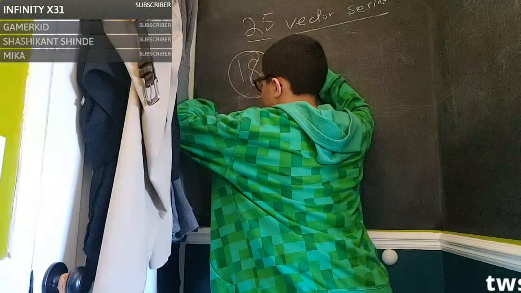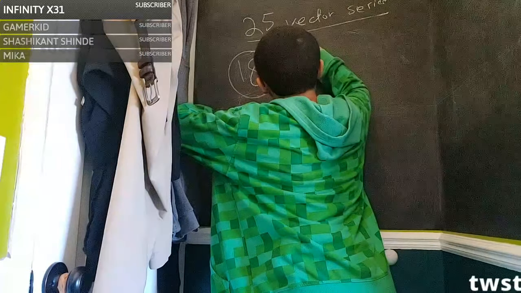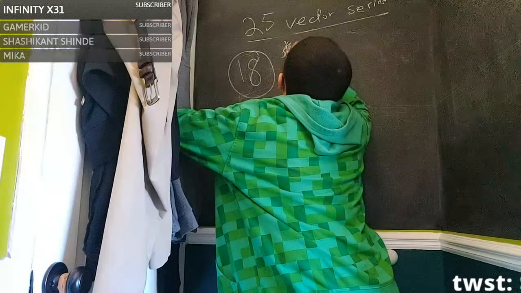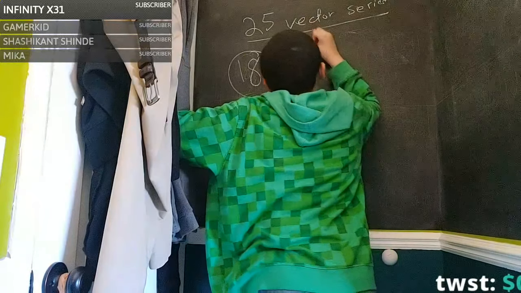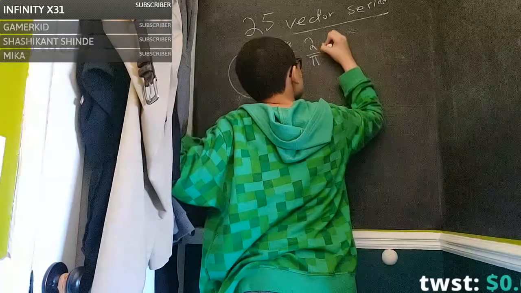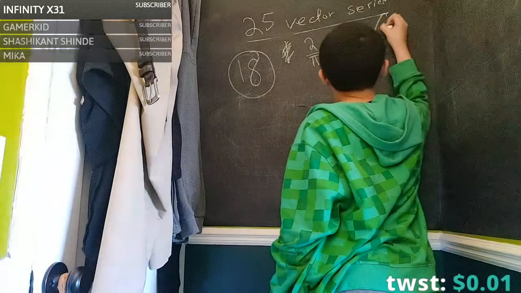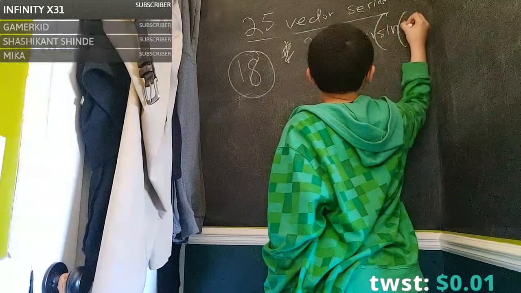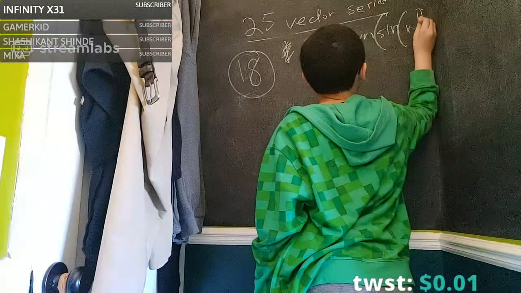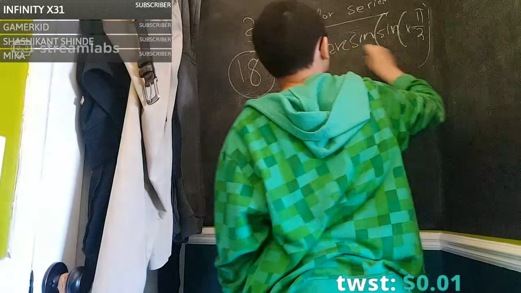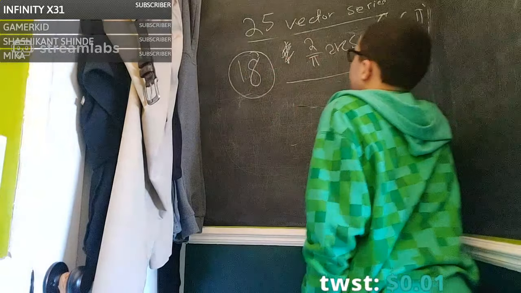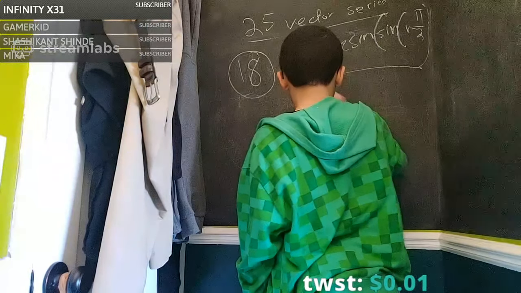Cosine approximation squared, 2 over pi times arcsine of sine of x minus pi over 2, which really is some of cosine, but I don't care. Over.